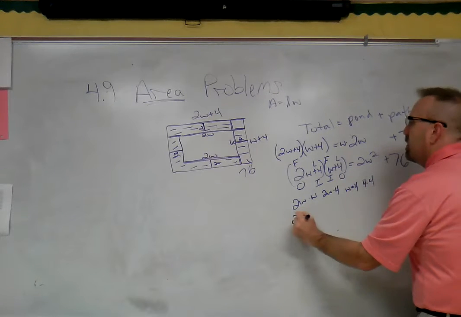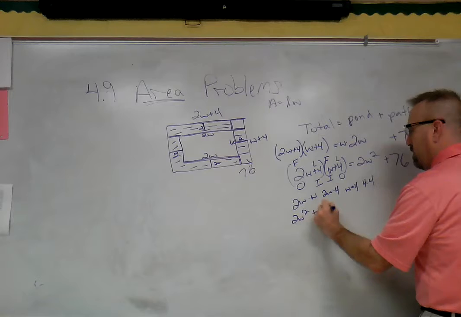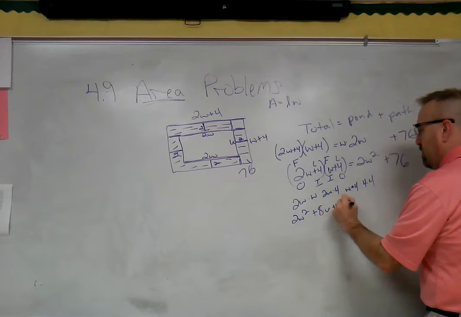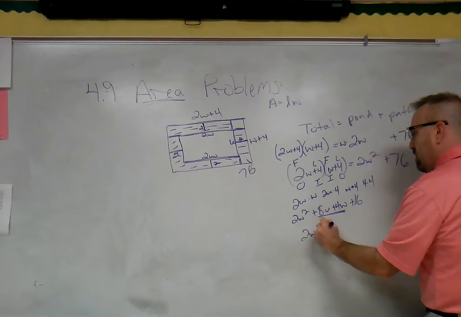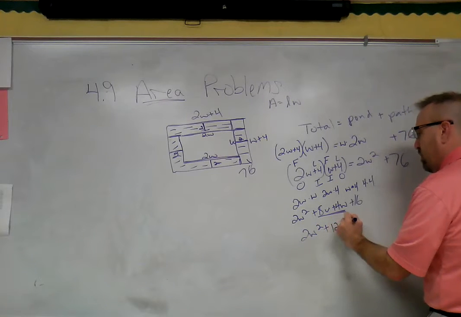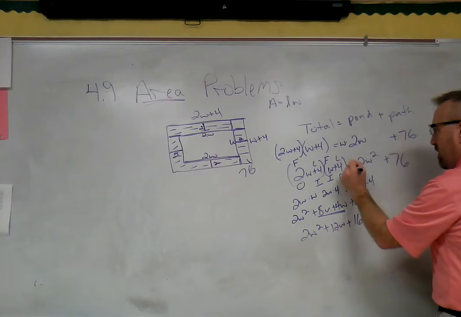So 2W squared plus 8W plus 4W plus 16. We can combine those: 2W squared plus 12W plus 16 is what this was.